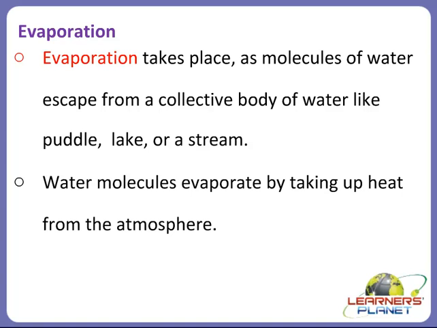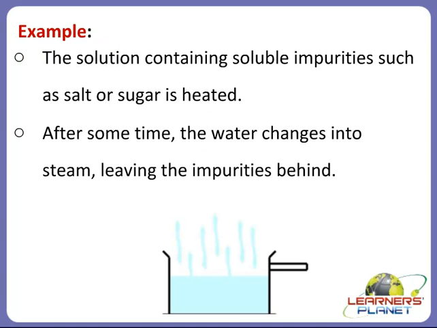Let us see. We will take an example here to understand this process of evaporation. The solution containing soluble impurities such as salt or sugar is heated, as you can see here in the picture. This is a solution which contains soluble impurities such as salt or sugar.